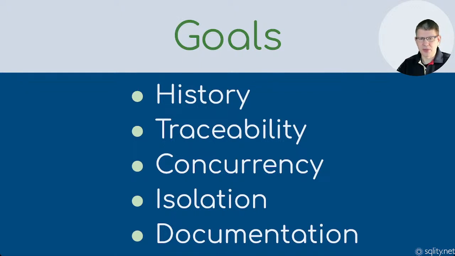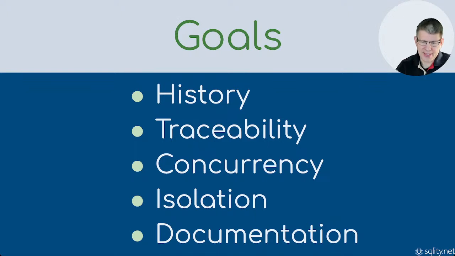You want to be able to do concurrency, meaning two developers working on the code, preferably the same code if possible, at the same time. You want those developers to be isolated from each other. If one of them breaks test cases, the other one can still continue with those test cases working in their environment. And you want documentation, which kind of goes back to history and traceability. Documentation as to what the thought process was that went into this.